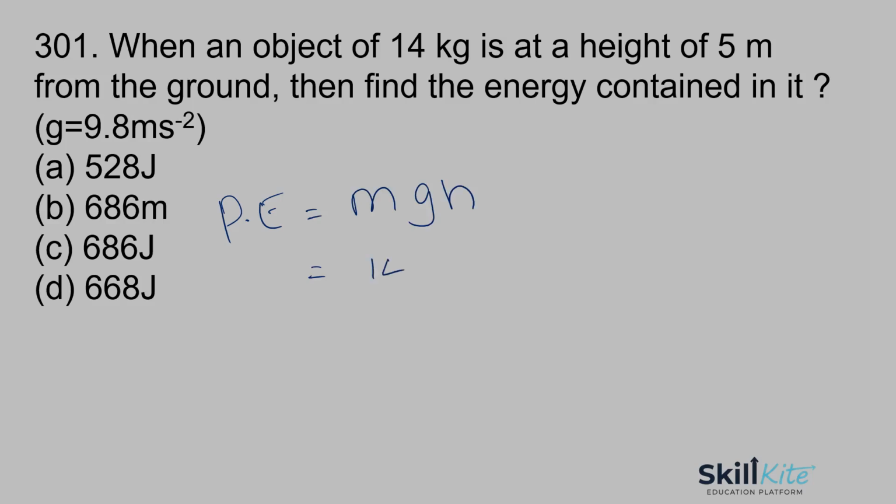Mass is 14 kg, g given is 9.8, and height is 5 meter. So the answer we get is around 686 joules. So option C. Option C is the right answer.